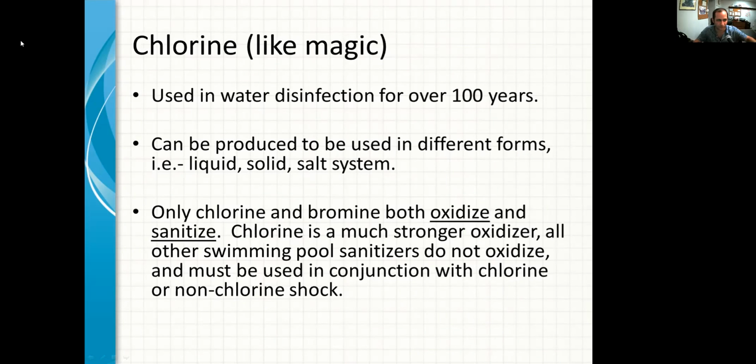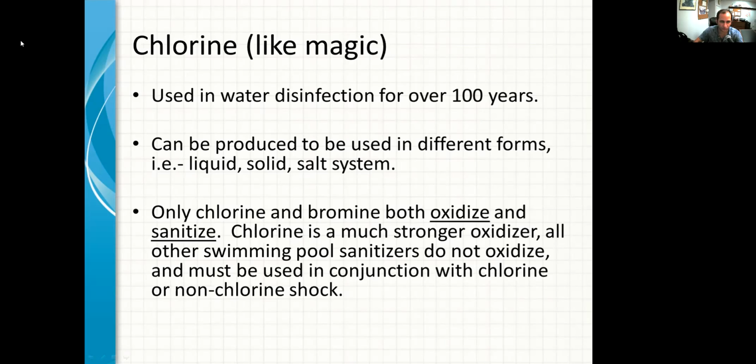You can get a salt system generator, which is basically like having your own miniature chlorine generator that takes sodium chloride ions and uses electric current to turn them into a usable chlorine. So no matter what type of chlorine you put into the water, it turns into hypochlorous acid when it's mixed and dissolved into the water.